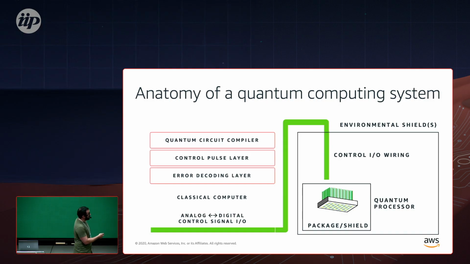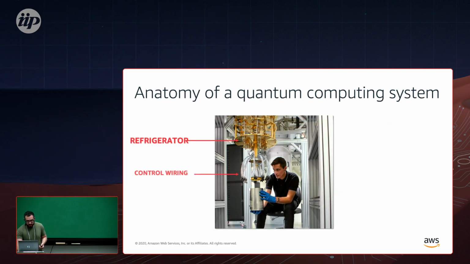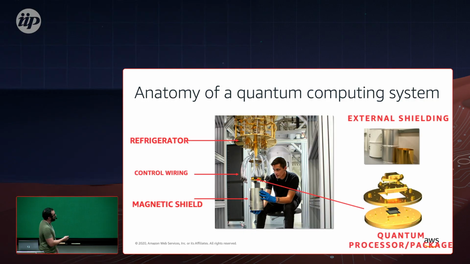Then all this wiring has to come down to a package shield, similar to what we do classically. We need a package to protect again from electromagnetic radiation outside. And then there are all these wires coming in, and there will be the quantum chip here. And this is all inside the refrigerator to keep things very, very cold, so that we don't have to care about thermal excitations. So this is our lab there at Amazon.